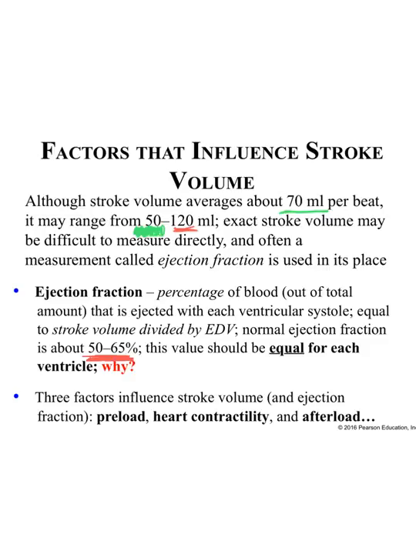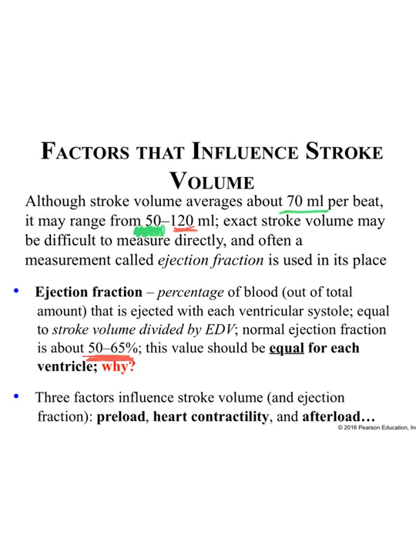Remember, everything from the pulmonary circuit gets pumped to the systemic circuit, and eventually everything from the systemic circuit will be pumped back into the pulmonary. So those need to be equal. If one or the other are high, they're going to cause issues, which we can discuss later.